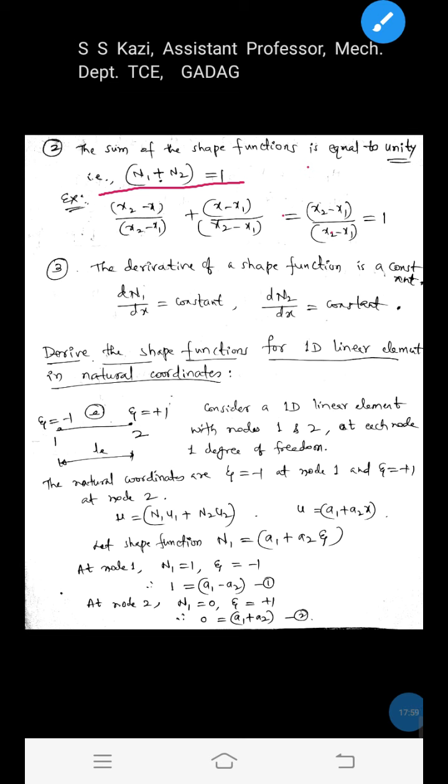The sum of the shape functions is equal to unity. If it is a 3 noded element, N1 plus N2 plus N3 is equal to 1. 4 noded, N1 plus N2 plus N3 plus N4 is equal to 1, and so on. This is the second property of the shape function.